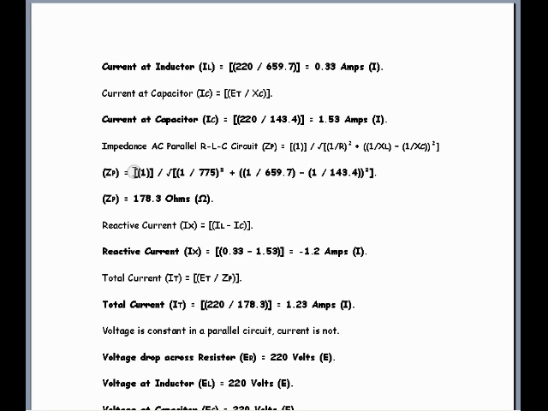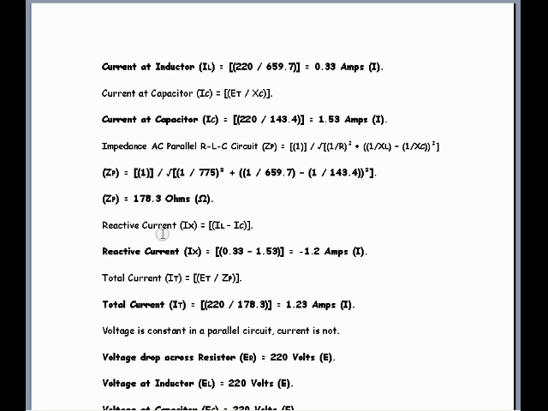Then move on to the other side and take 1 over the resistance in ohms at the resistor, square that value, and add the two squares, then get the square root of that, hold that value, and then take 1 over this value. And now you get 178.3 ohms of parallel AC circuit impedance on an RLC circuit.